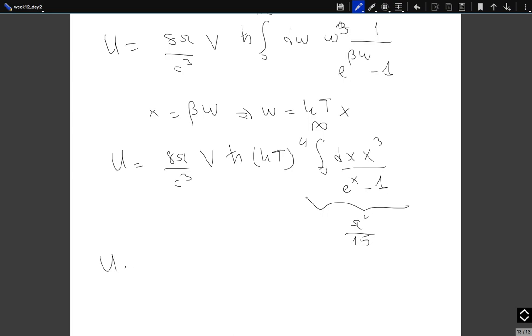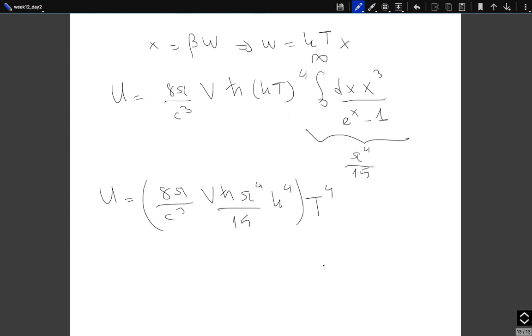So the internal energy of my system is 8 pi over c cubed V h bar pi to the 4 over 15 k to the 4 multiplied by T to the 4, which is also sometimes written as 4 sigma over c V T to the 4.